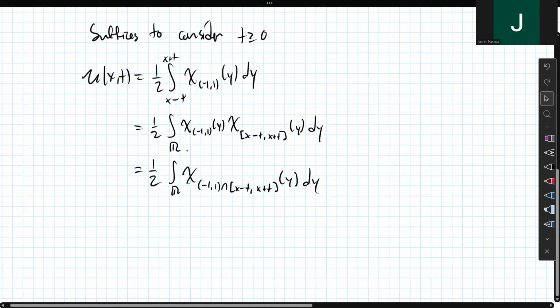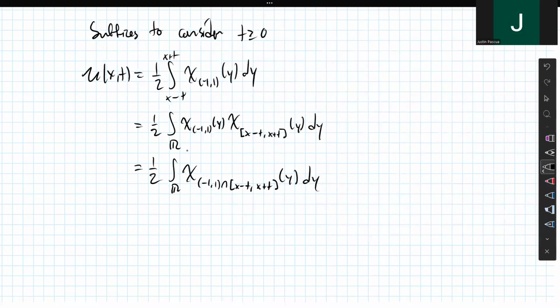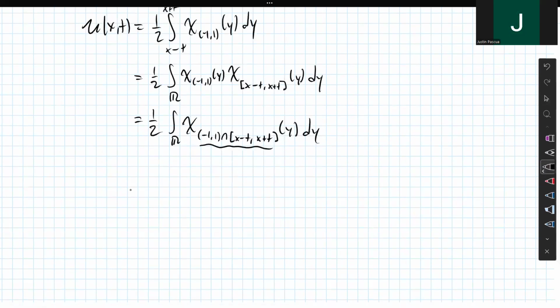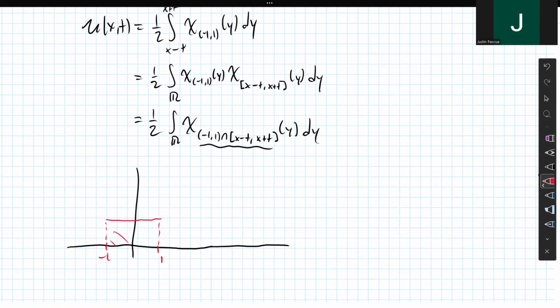So now the good thing about this is that when you're integrating a characteristic function on R, this will just give us the length of the support. So this just becomes a matter of measuring the intersection between these two intervals. Right, so let's draw a picture to understand what's happening. We have this characteristic function from -1 to 1. We have some x that lies somewhere outside of this to the right.